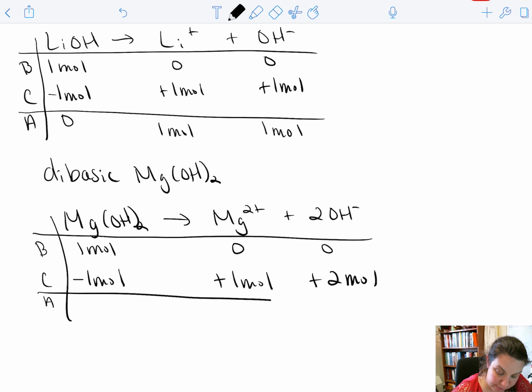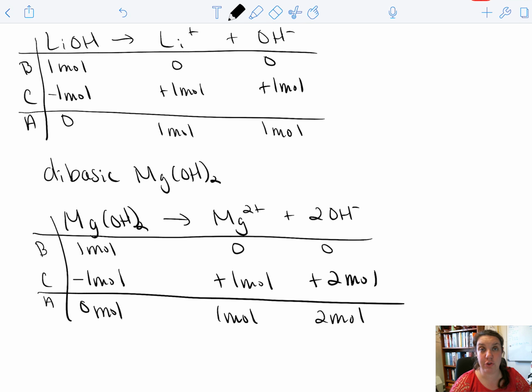So a little bit different than our diprotic acid. 0 mole here, 1 mole here, 2 moles here to account for the 2 hydroxides which are within there.